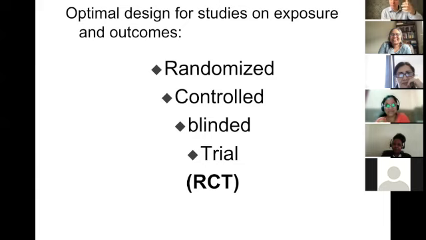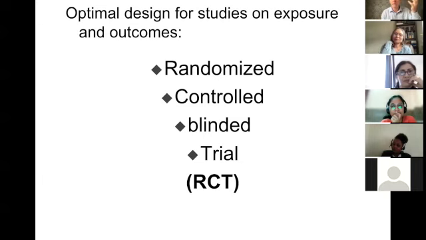If you do a good clinical trial, both groups, the exposed and the non-exposed, are supposed to be identical. And if there's any difference, it's probably due to the intervention. So you don't have to count very much.